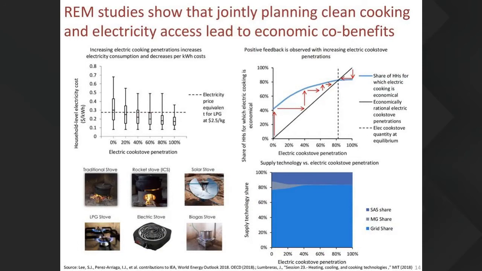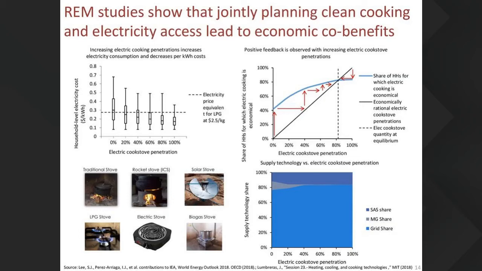We've done further studies to look at demand stimulation, and this example is a little bit contrived, but the idea is that with Sustainable Development Goal 7, we care both about universal energy access and clean cooking technologies and the proliferation of clean cooking. In this bottom left plot, we have multiple different cooking technologies: traditional stoves, rocket stoves, solar stoves, LPG, electric and biogas.